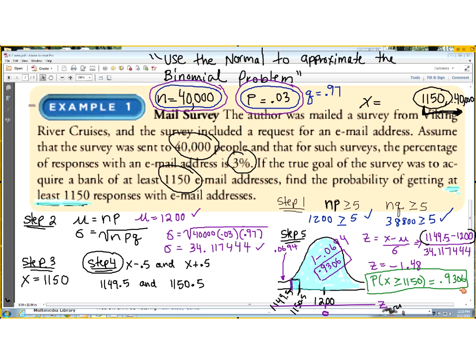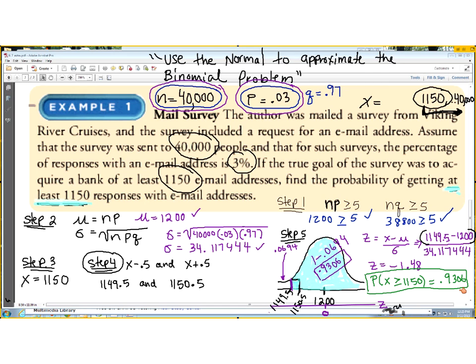I'm not just asking you to do this so that you have more work on your hands. It's very important to understand that the normal distribution can be used in this manner. So what I'm going to do now is solve this problem the way we did them back in chapter 5.